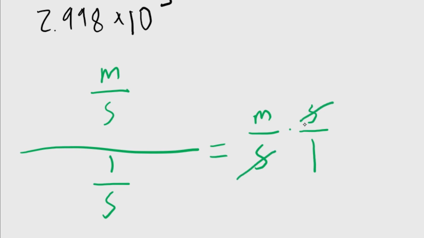Another way to think about this is just recognizing that in both of these cases, these s's are the denominator. They both happen to be in the same place and they're one on top of each other. Anything over itself is 1. So you can think about it in either of these ways. The s's will cancel out, leaving us with just an m at the top, which is what we're looking for.